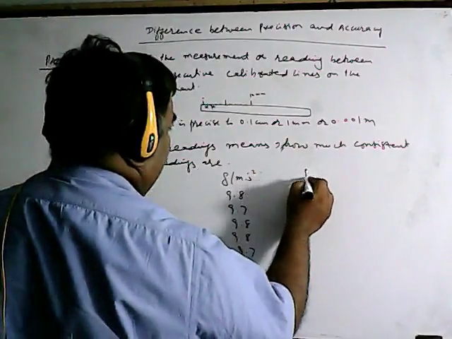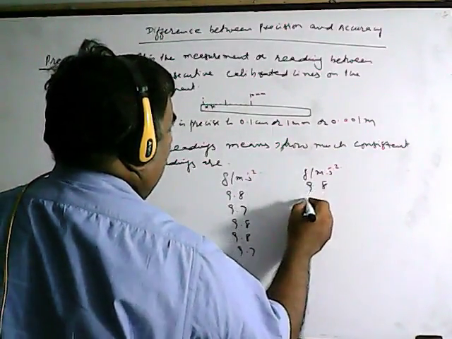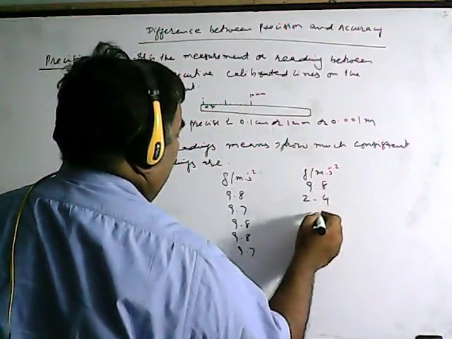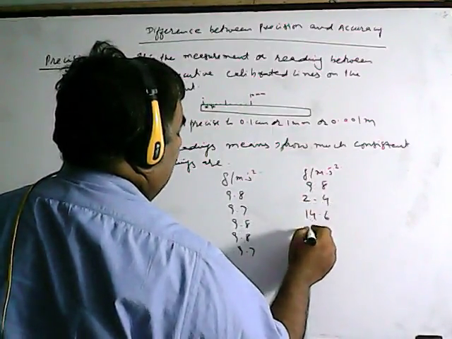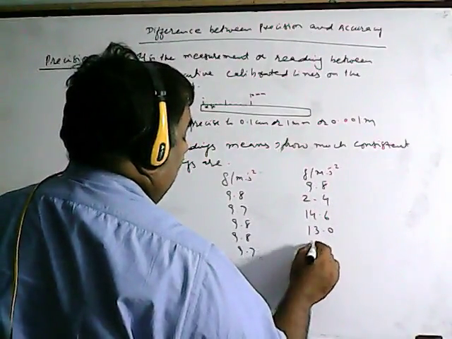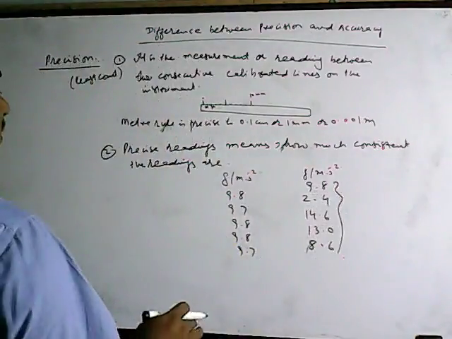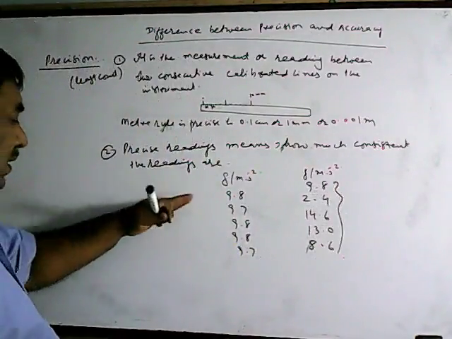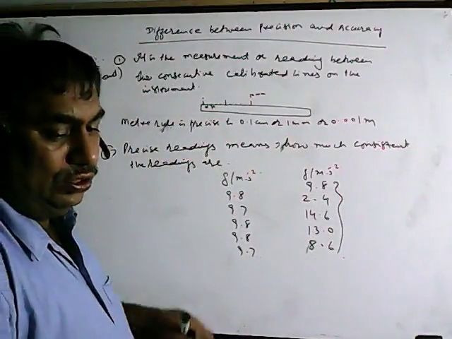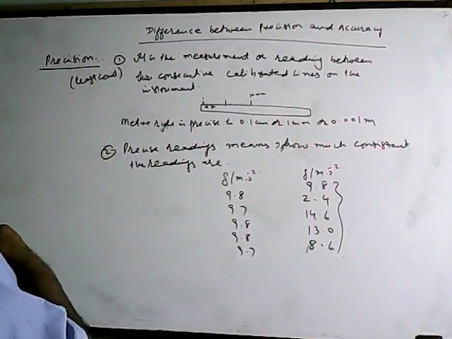But suppose the readings are 9.8, then 2.4, 14.6, 13.0, or 8.6. These readings are not precise because they are not consistent, whereas the earlier readings are consistent, so they are precise. That is one thing about precision.